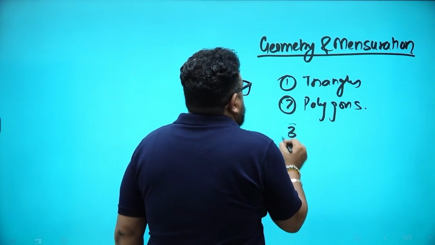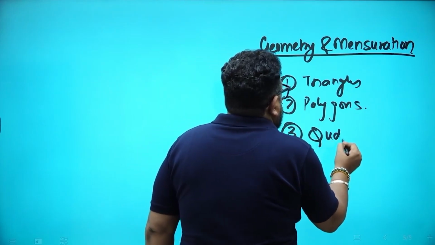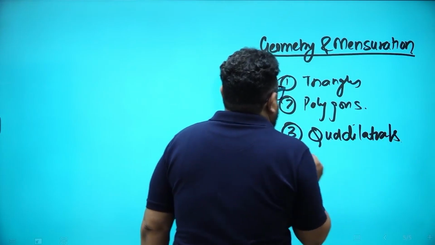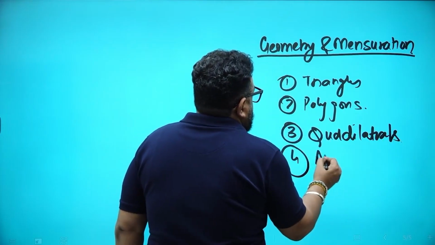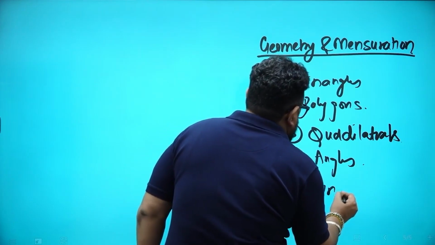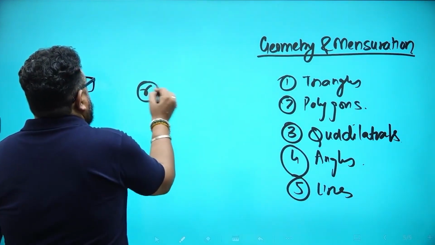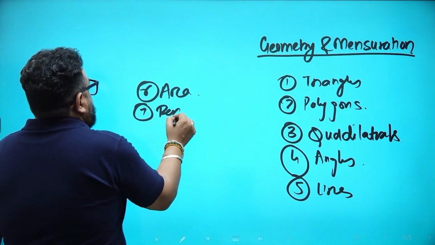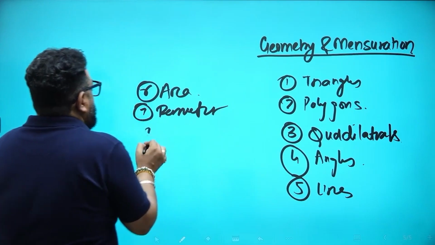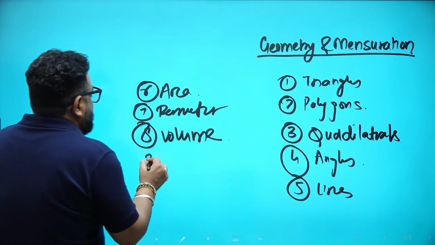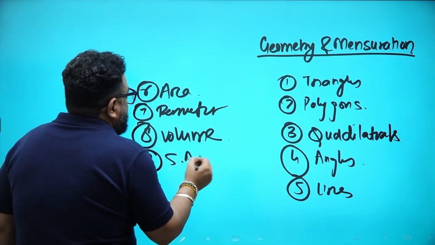We talk about quadrilaterals, right? We also talk about angles, lines, area, perimeters, volume, guys, and this is unbelievably high, surface areas.